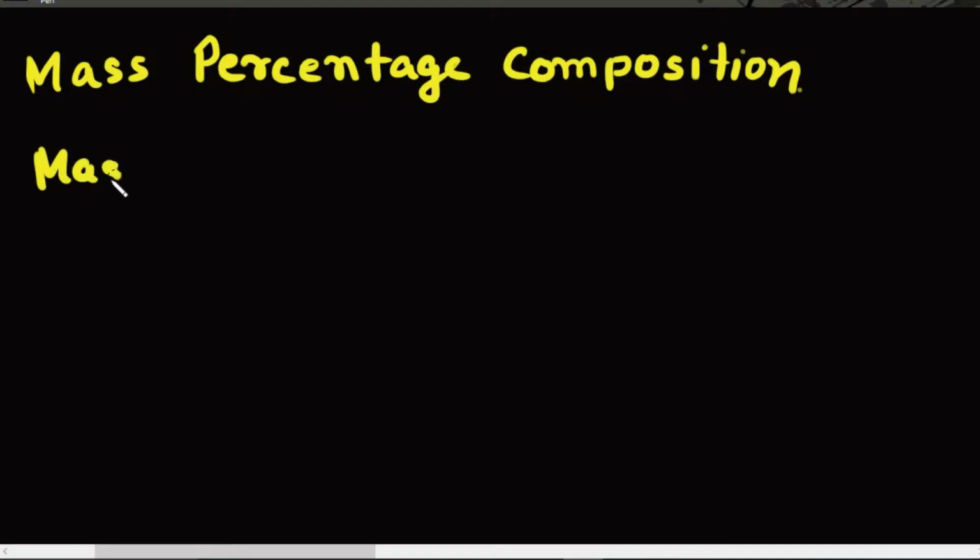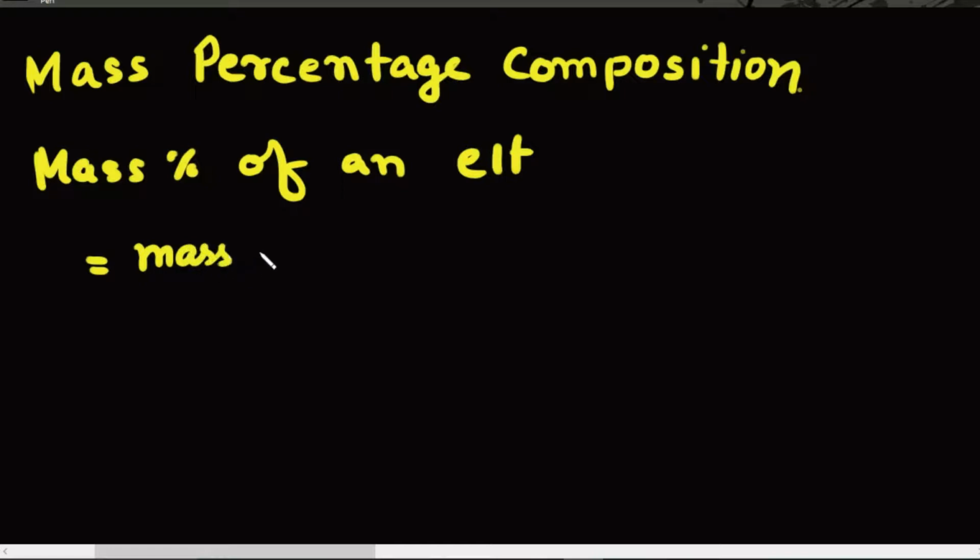Mass percentage of an element is equal to mass of the element in the compound divided by molar mass of the compound into 100.